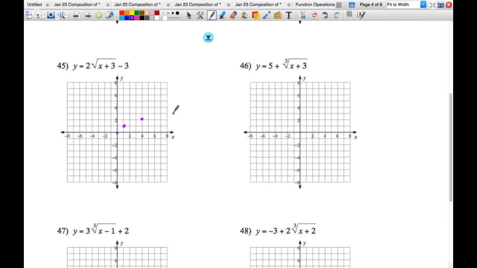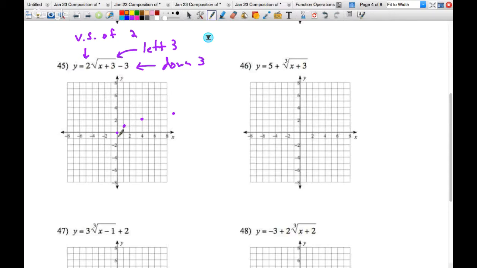All right, this one here, again, dot in some parent function. Dots will include 9, 3. This one here is going to get a vertical stretch of 2. That plus 3 there, it's always opposite what you think, moves it left 3. This -3 moves it down 3.